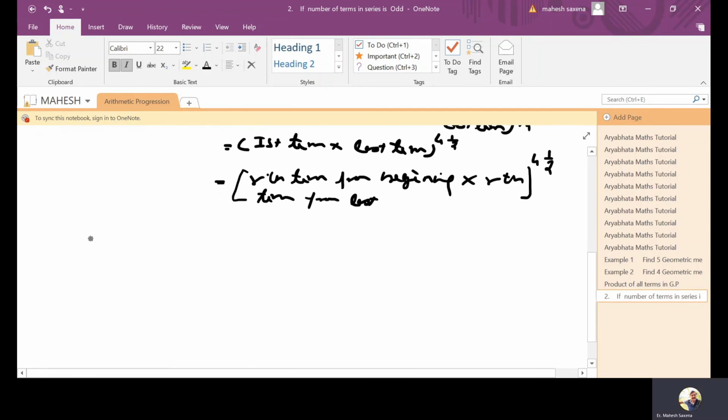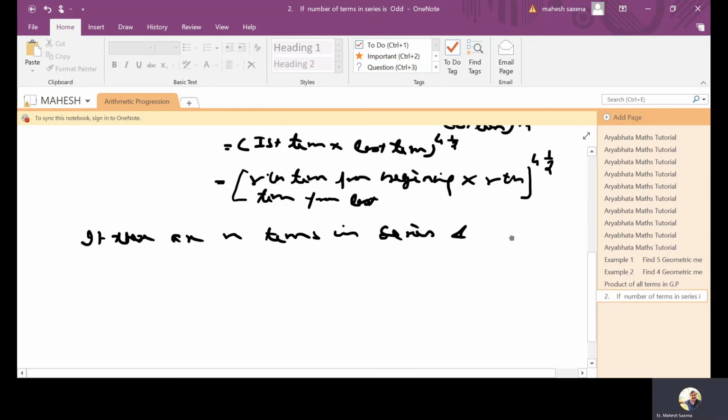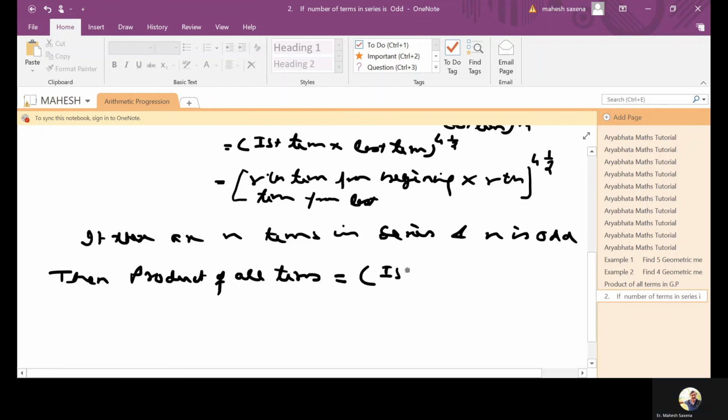Suppose there are n terms in the series and n is odd, then the product of all terms is equal to first term into last term whole to the power (n minus 1) by 2 plus half.